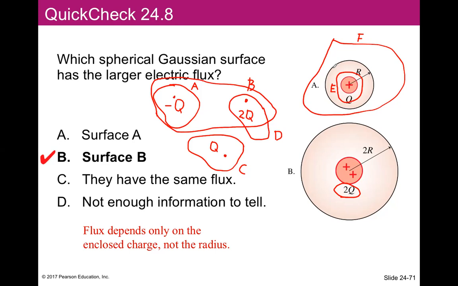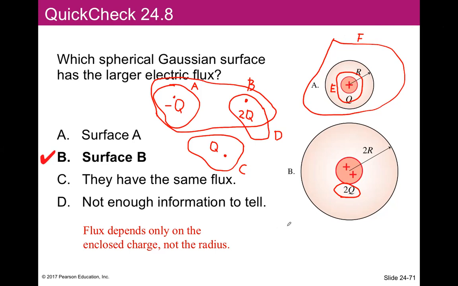Okay, so now let's see. So who is going to choose option A or B or C or D? Okay, great, great, awesome. Okay, now let's have another test.